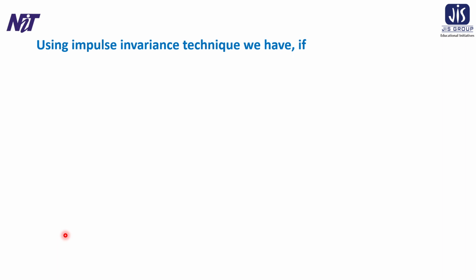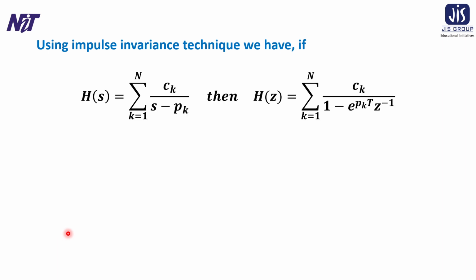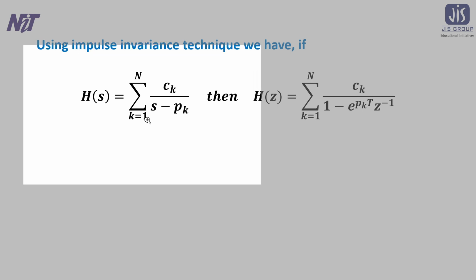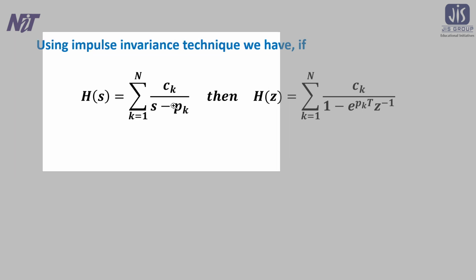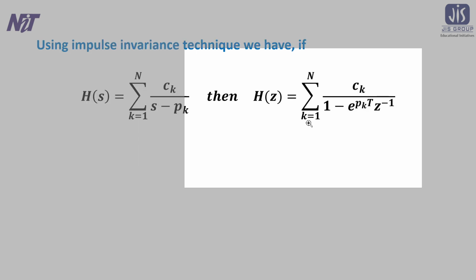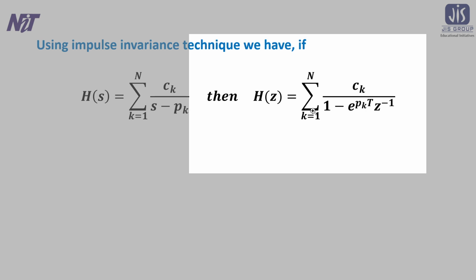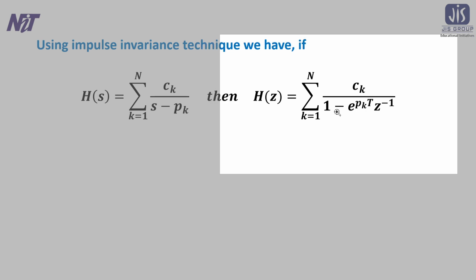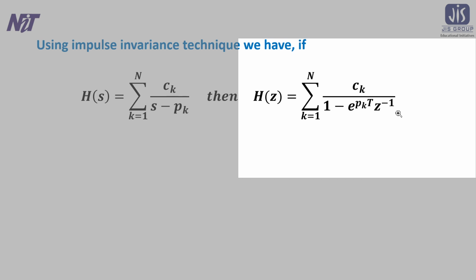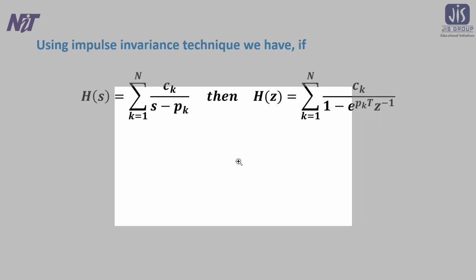Using the impulse invariant technique, we have if H(s) equals the summation from k equals 1 to n of Ck by S minus pk, then H(z) equals the summation from k equals 1 to n of Ck by 1 minus e to the power pk T into z inverse, or z to the power minus 1.